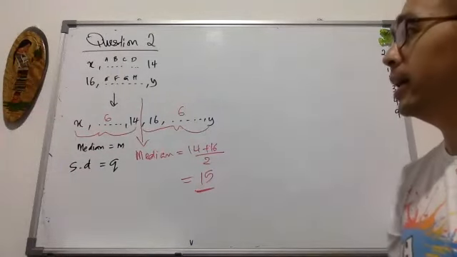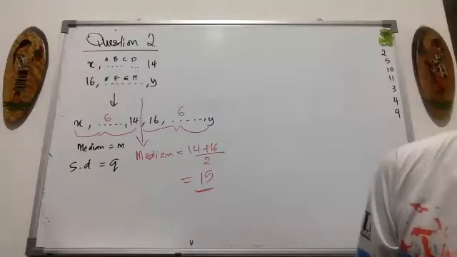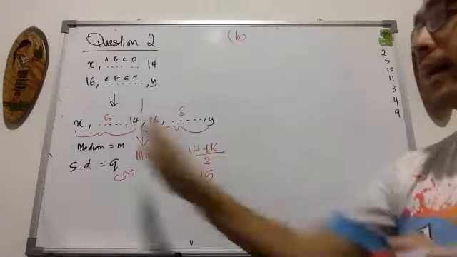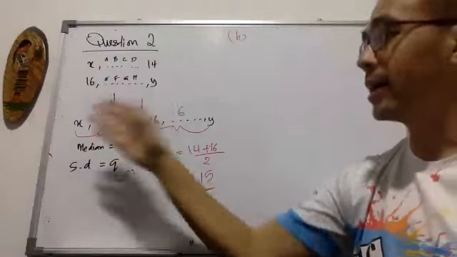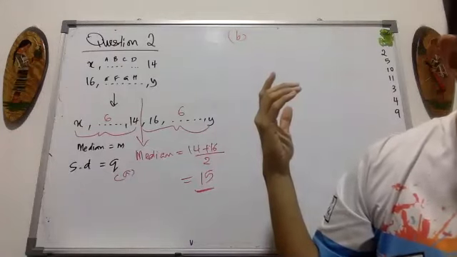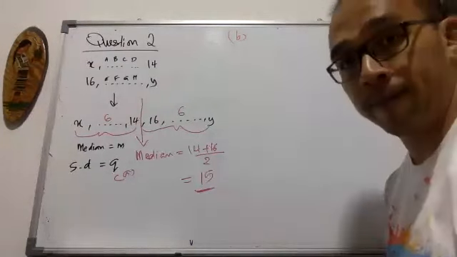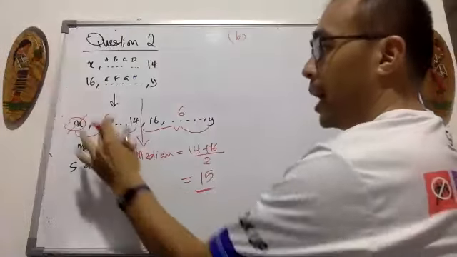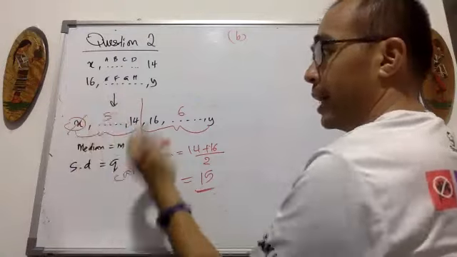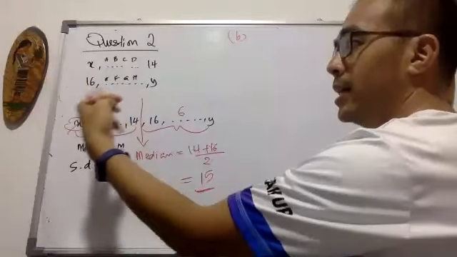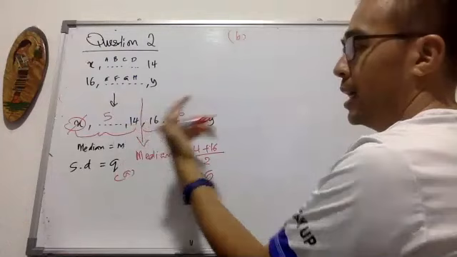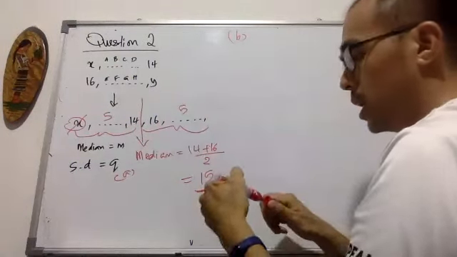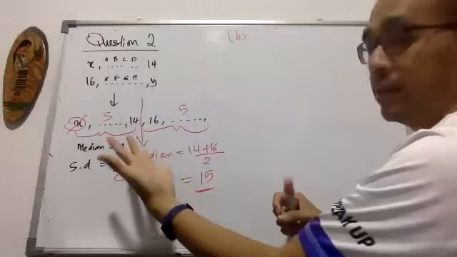Secondly, this is question B. Now they say that X and Y are removed. We take out X and we take out Y, so state the new value of M, the new median. Think about it now. If I take out X, I'm left with 5 numbers over here until 14. And if I take out Y over here, this still becomes 5 numbers, which is 16 onwards.